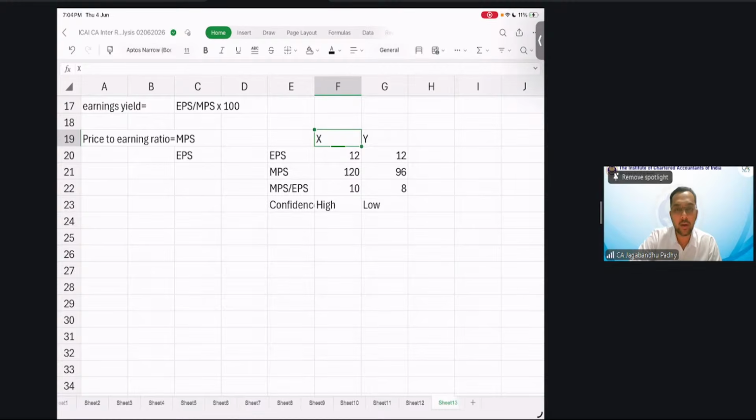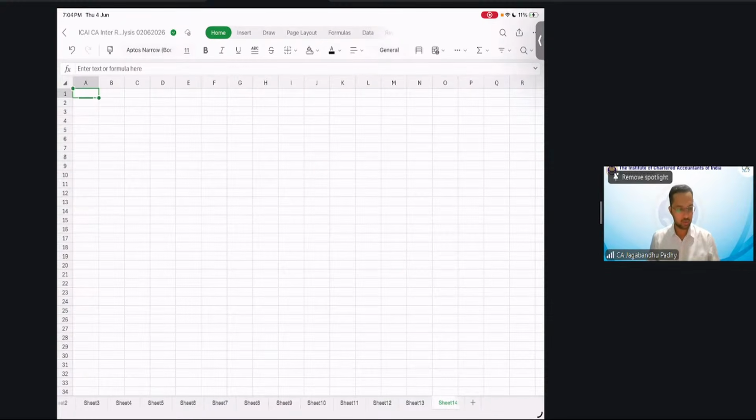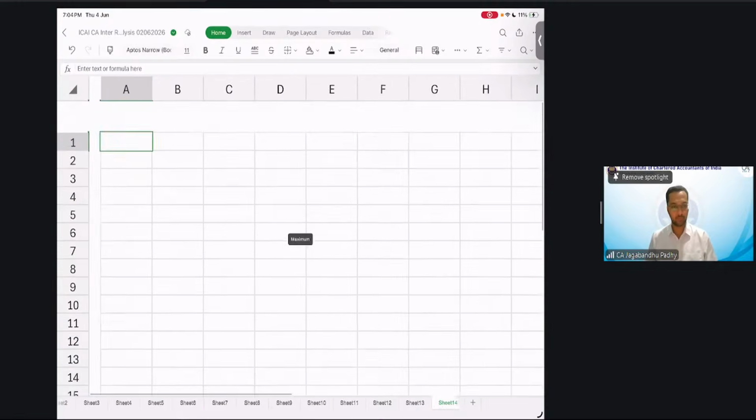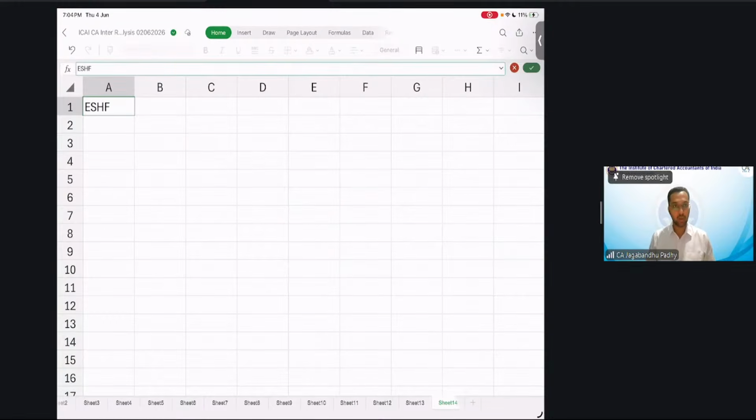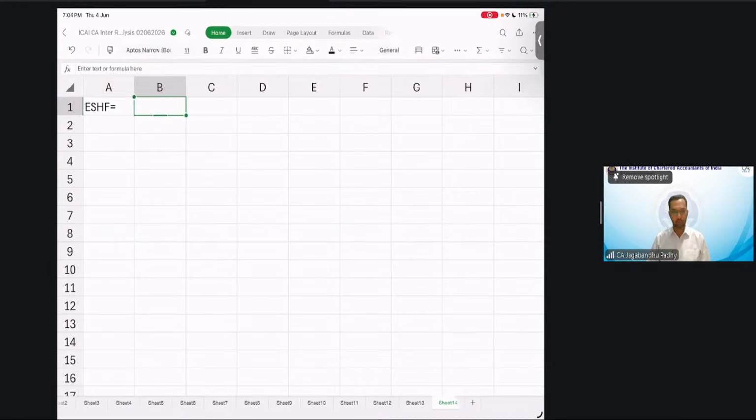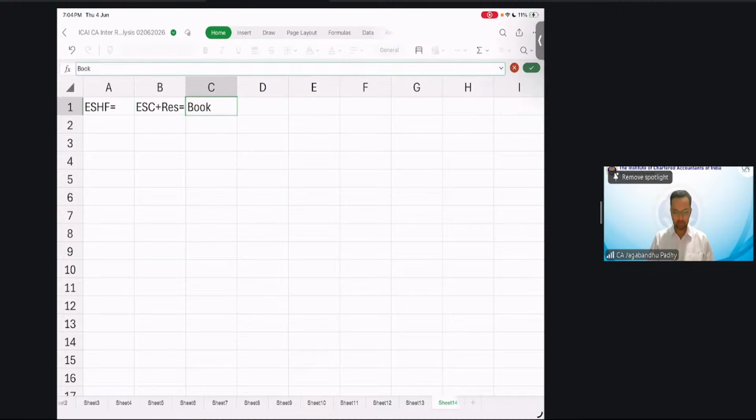Okay. Now one more ratio before we go to the start of the questions. We calculate the equity shareholders' funds as equity share capital plus reserves, right? And this is also what we call the book value of the company.